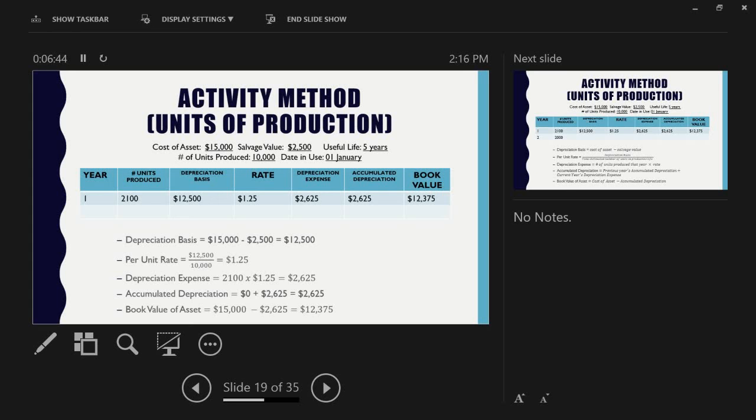So that means by the end of year 1, your asset is now worth 12,375. It's no longer worth 15,000 because you already used the asset.